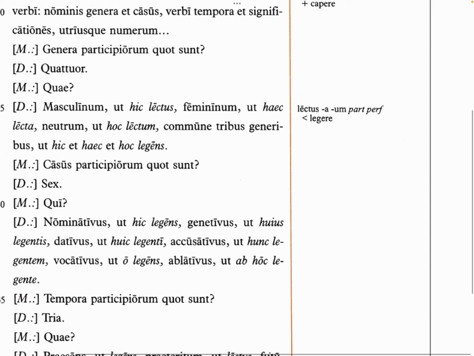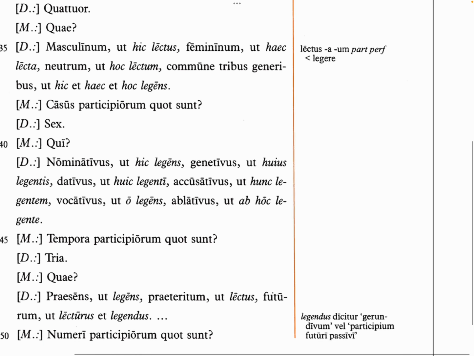All right, the teacher asks, casus participiorum quot sunt? The cases of participles, how many are they? And the student says 6. Qui, what are they? Nominativus ut hic legens, nominative, as this guy reading. Genitivus, genitive, ut huius legentis, as of this guy reading. Dativus, ut huic legenti, dative, as to or for this guy reading.